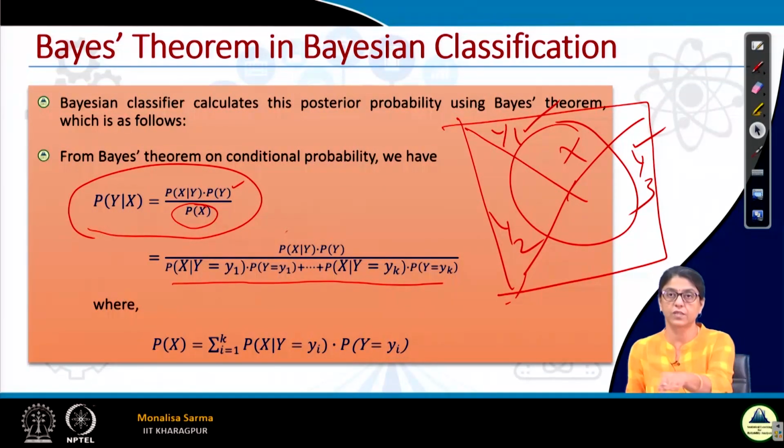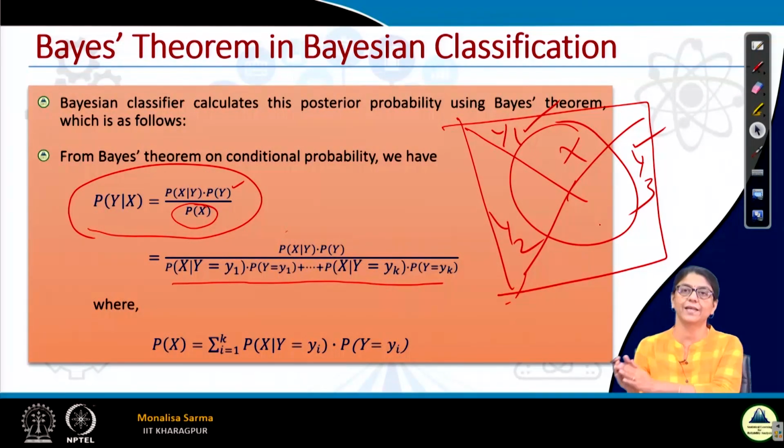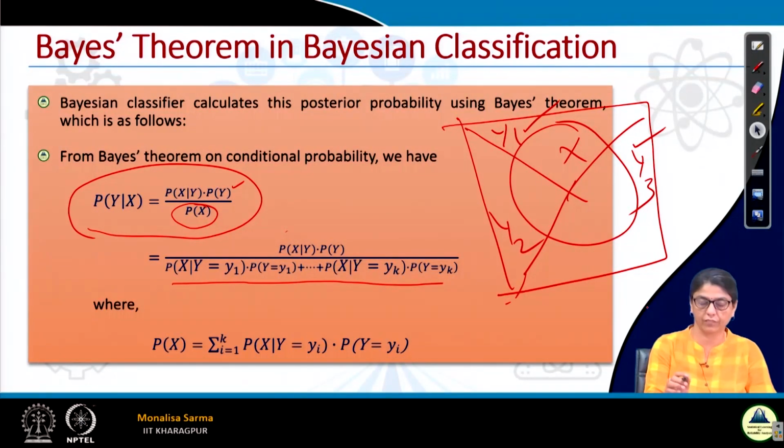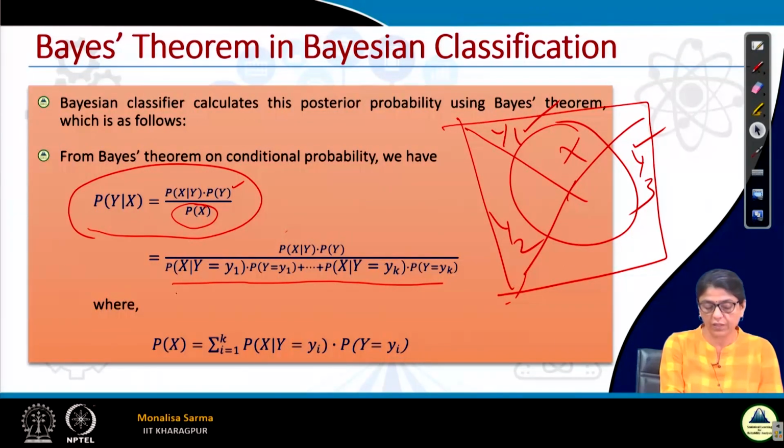So it is just the addition of y1 intersection x, y2 intersection x, and y3 intersection x. If we extend it, we will get something of this sort. This is the denominator.